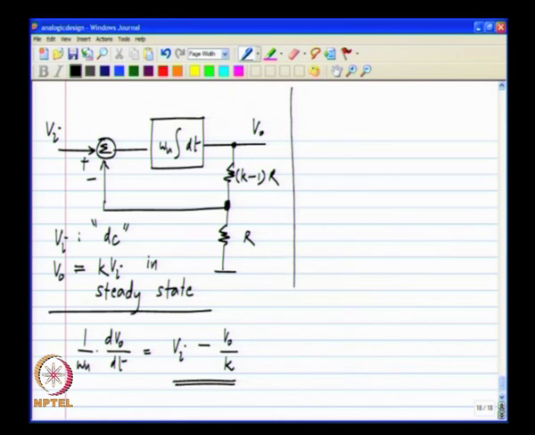And just to relate this to something you already know, the differential equation is the same as what you would see in a first order RC filter.